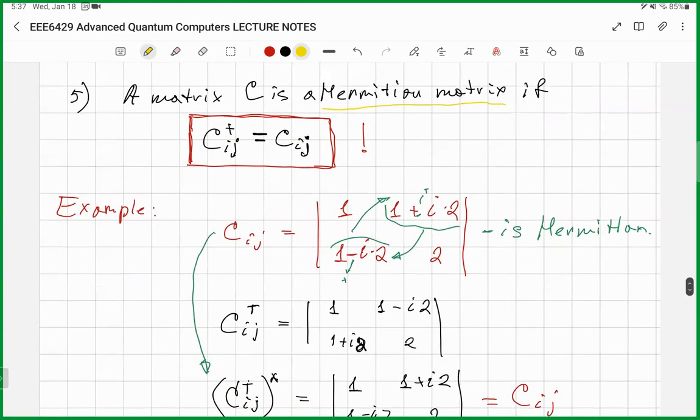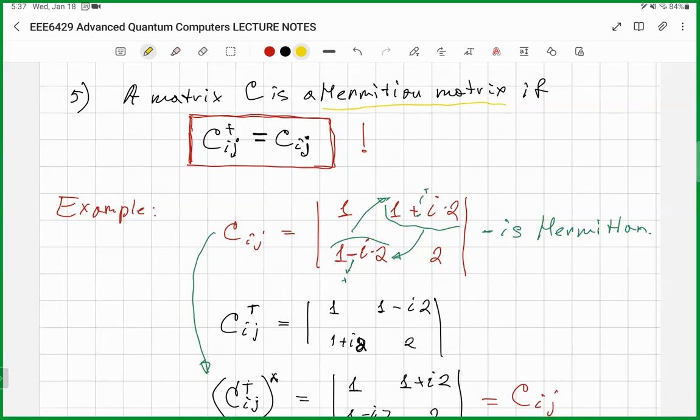Hermitian matrix, very important. So I can tell you now why it's so important. It's important because we will see today that the eigenvalues of a Hermitian matrix are real numbers, and for this reason, all quantities in quantum mechanics and quantum physics are described by Hermitian matrices.